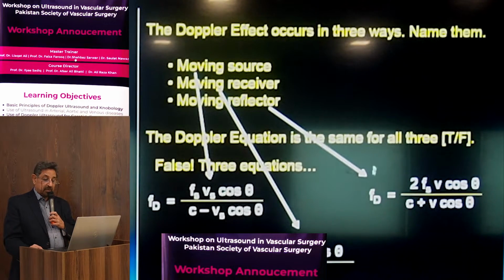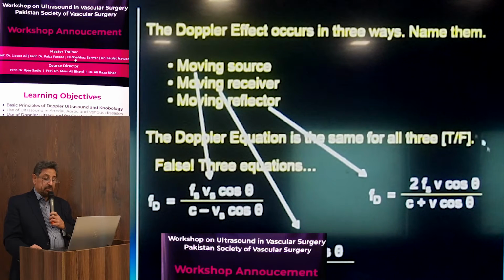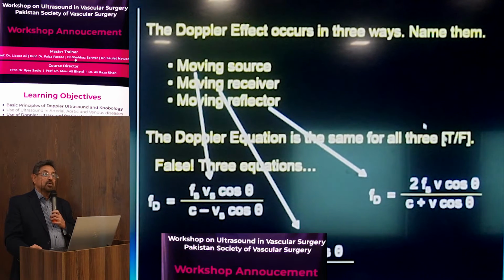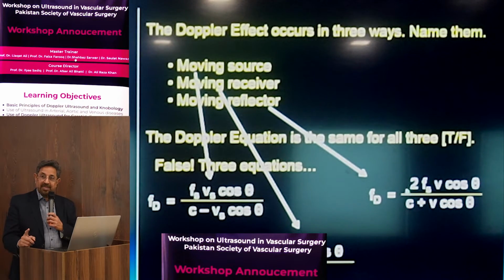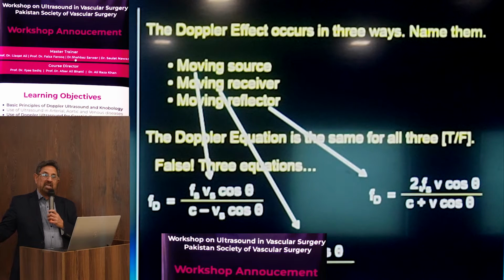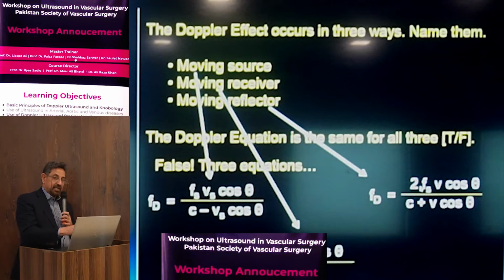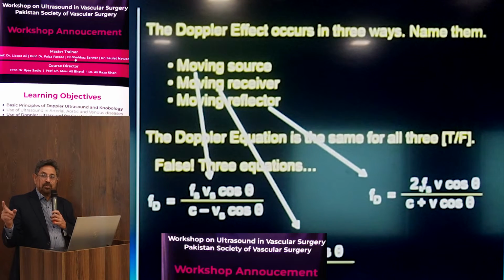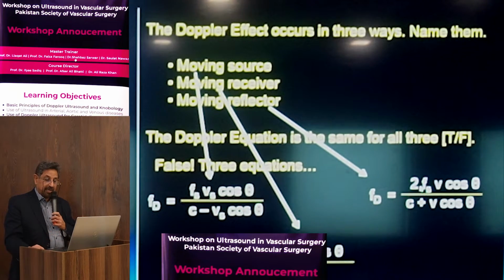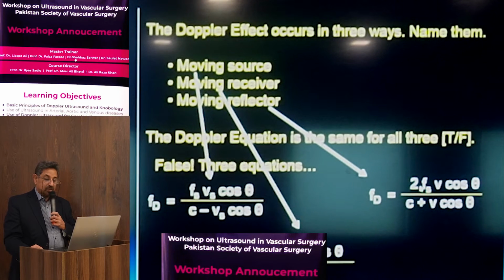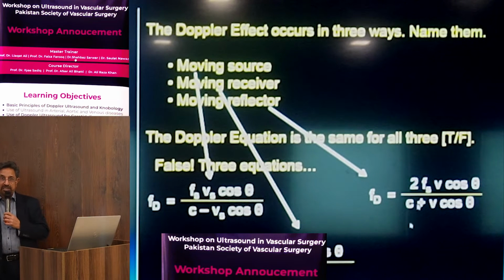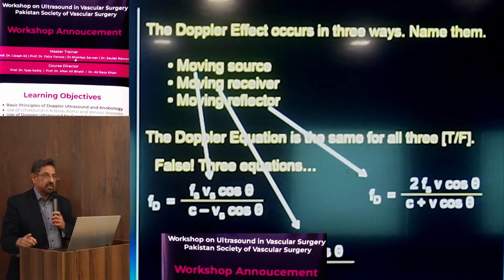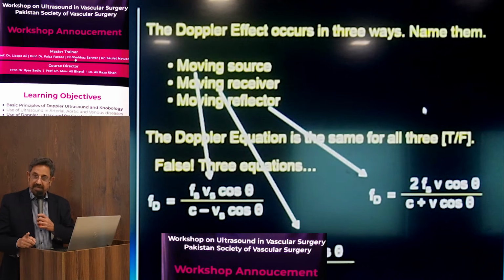This picture is for Doppler because here is written 2F, and 2F means we are dealing with the reflected beam. The ultrasound beam is coming from the probe to the vessel and coming back to the transducer, so it has to travel double the distance. That's why it has the 2. And this cos theta will come up everywhere. You can't leave this cos theta. If you don't understand cos theta, you can't understand Doppler, I tell you.